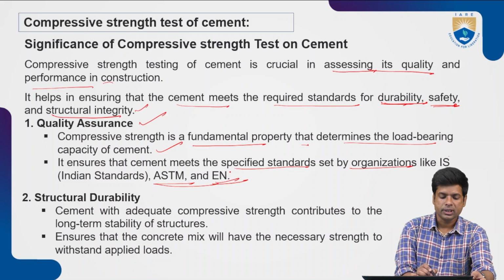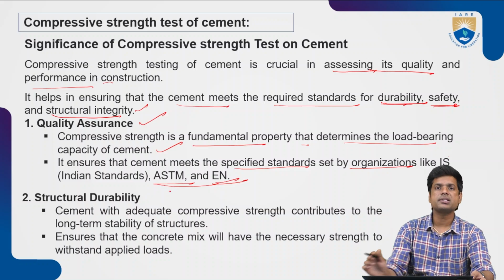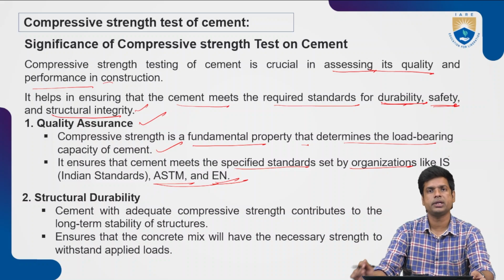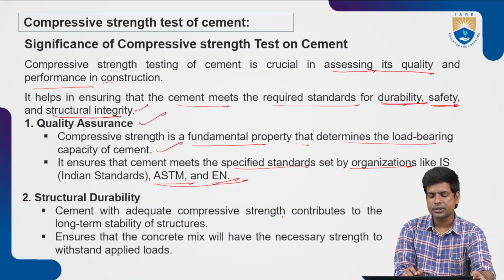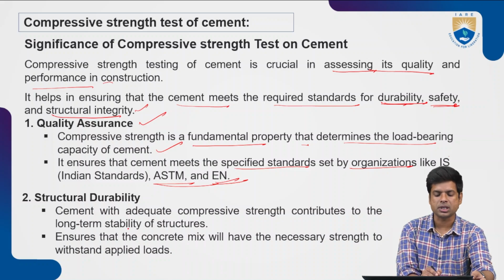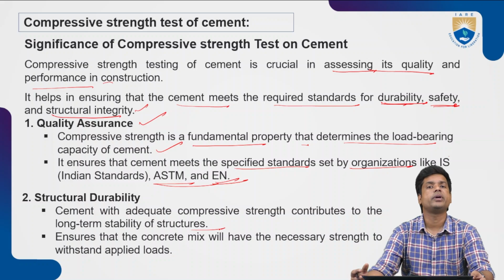Okay, next one, structural durability. This is another property we are going to check. Cement with adequate compressive strength contributes to the long-term stability of structures. Whenever you test the cement cube, it has to possess the minimum required strength.